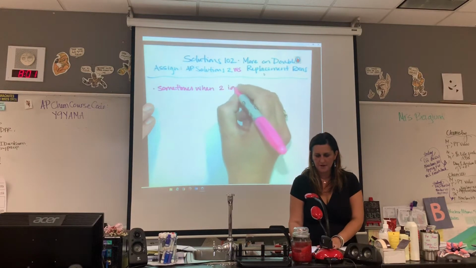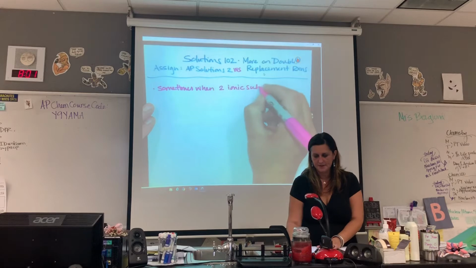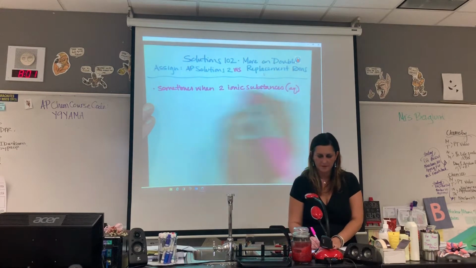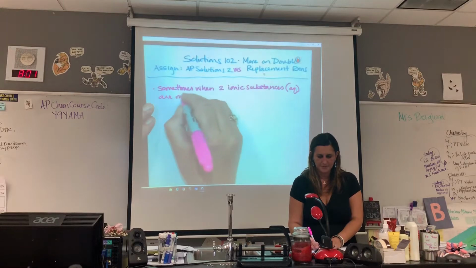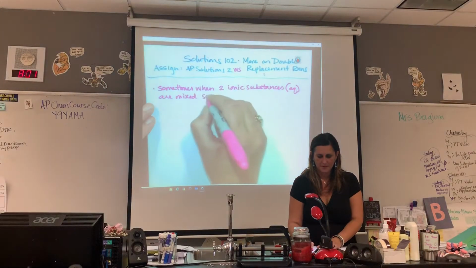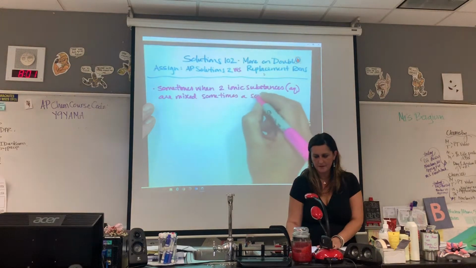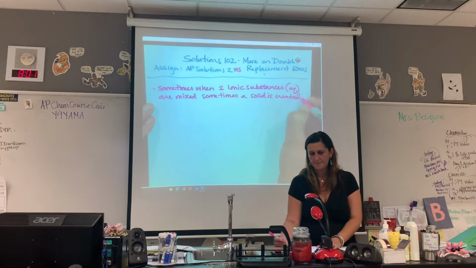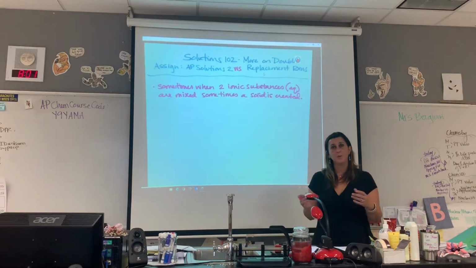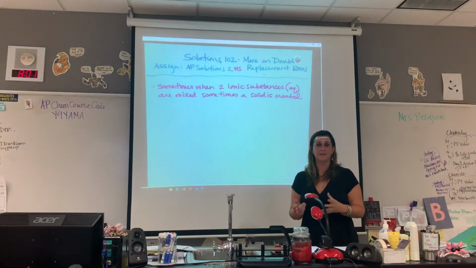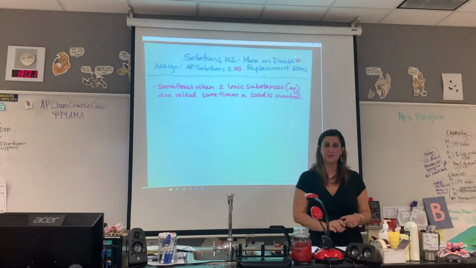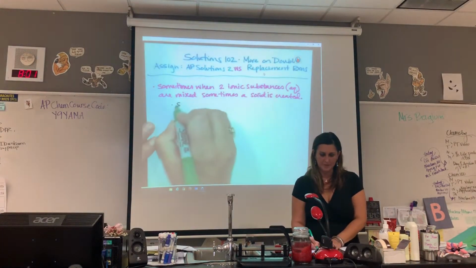When two ionic substances, aqueous, are mixed, sometimes a solid is created. So we have two solutions poured together and we get a solid substance out of those two solutions. And that solid is called a precipitate.